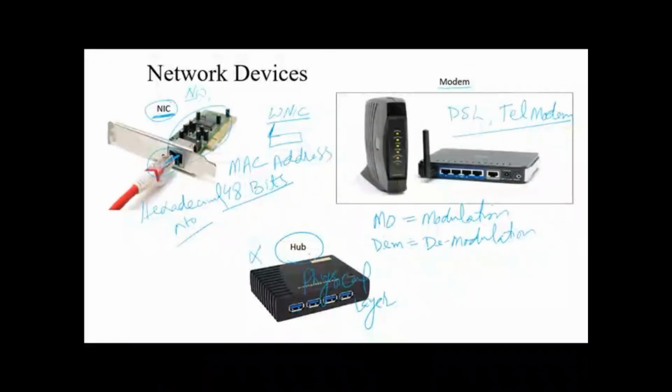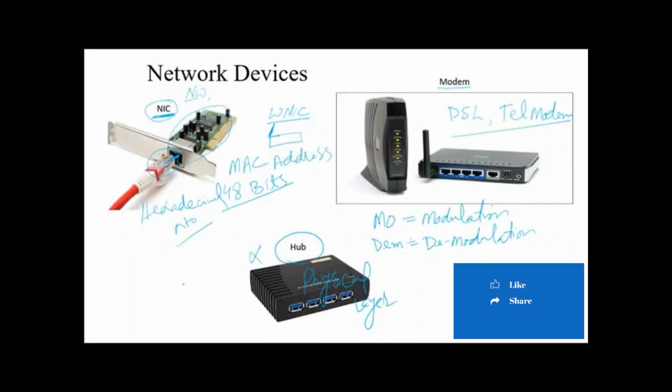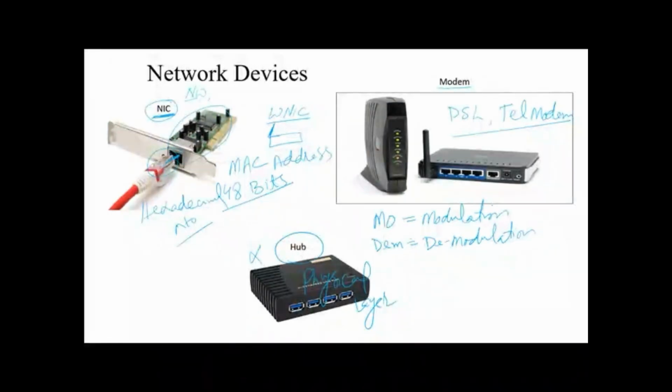As you know, in today's local area network we use a network switch. It is the same as a hub, but before switches we used a hub for connecting multiple computers over a network. In today's network it is obsolete and no longer used, but still it is a network device and it's related to the physical layer.